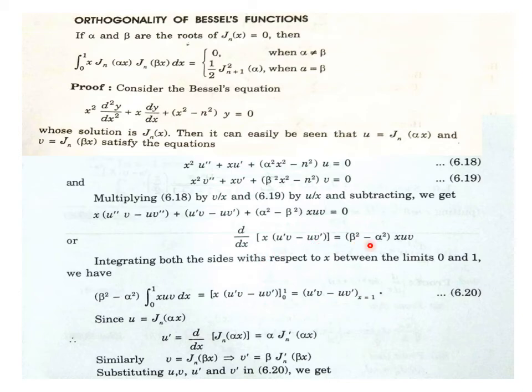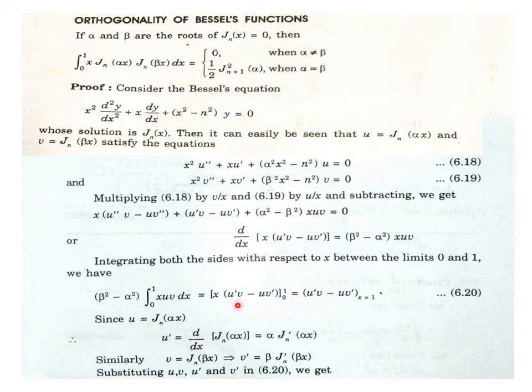Then we integrate both sides of this equation with respect to x between limits 0 and 1. On the left hand side, β² − α² is constant, so it's integral from 0 to 1 of x u v dx, and on the right hand side, as we are integrating, d by dx can be eliminated in the process of integration.